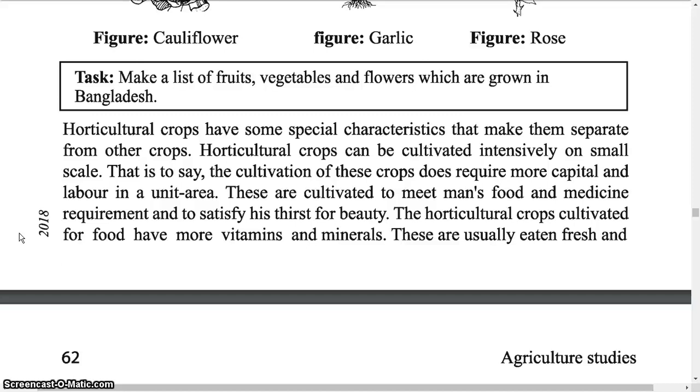That is to say, the cultivation of these crops requires more capital and labor in a unit area. These are cultivated to meet man's food and medicine requirement and to satisfy his thirst for beauty.